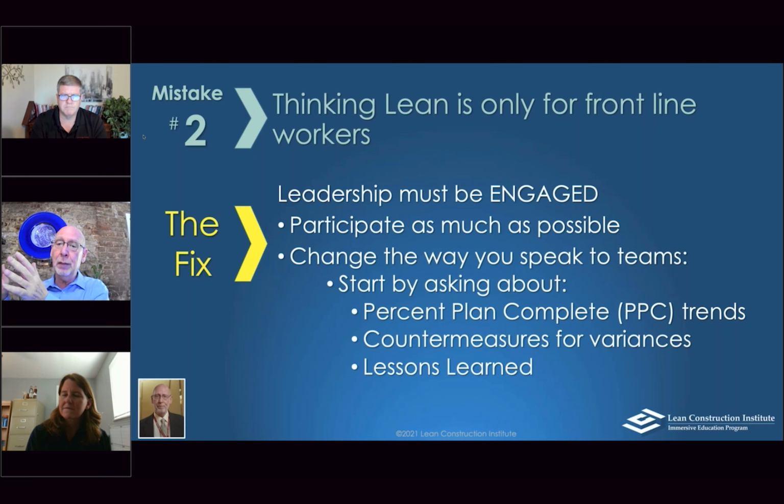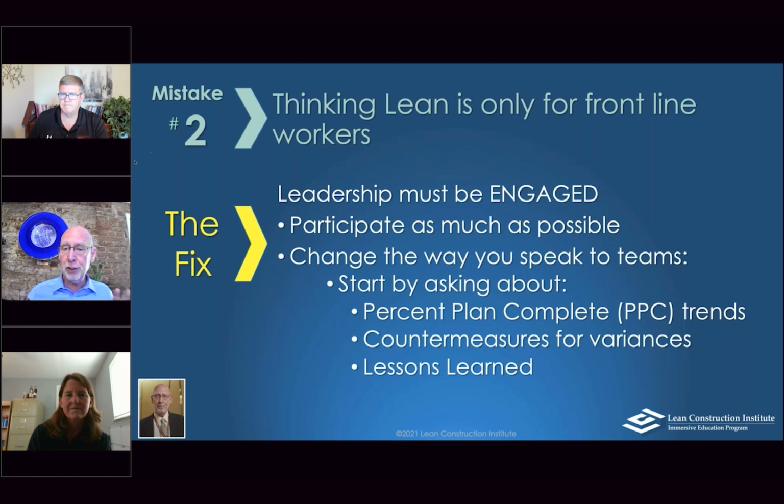It has to be adopted by the pre-con department. It has to be adopted by the field. It has to be adopted by your trade partners. It has to be adopted by your supply chain critical players. And when you do that, you create a very large engagement out of which we draw this network of reliable commitments, which makes up the understanding of how lean moves from one thing to the other. And the last planner system is in itself just a way of outlining this network of reliable commitments.